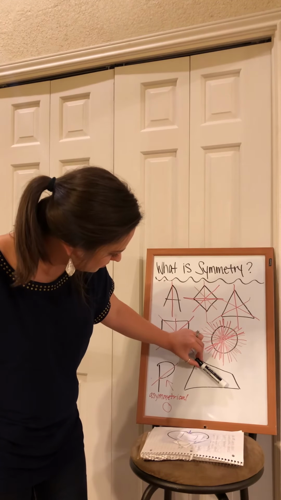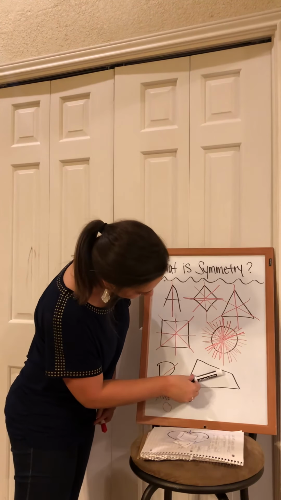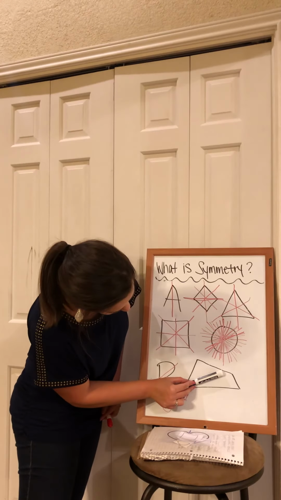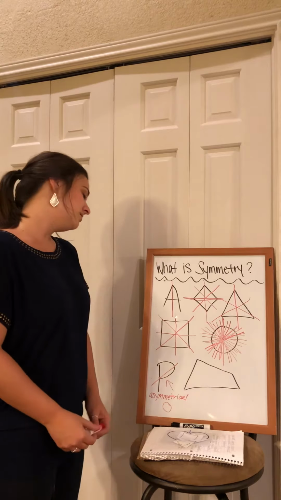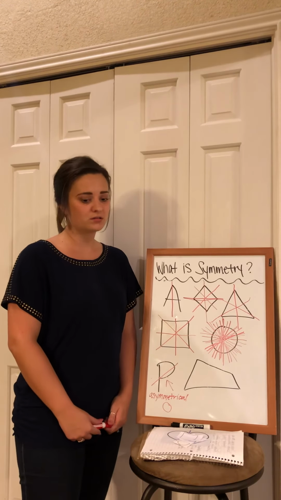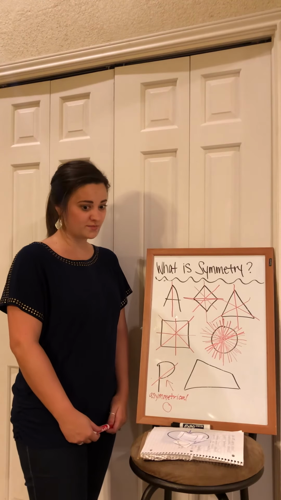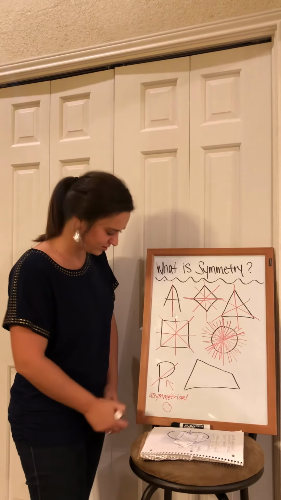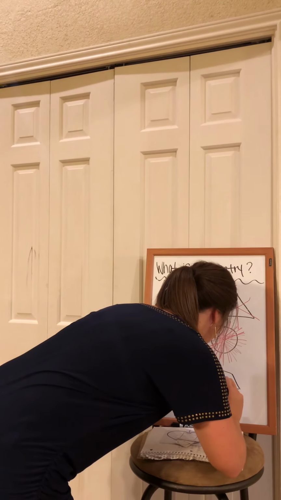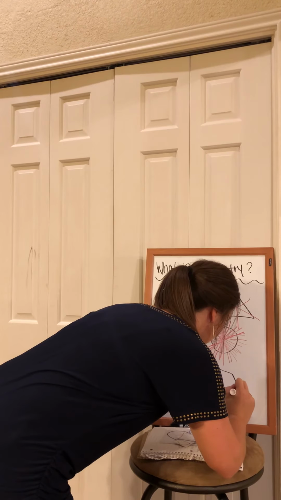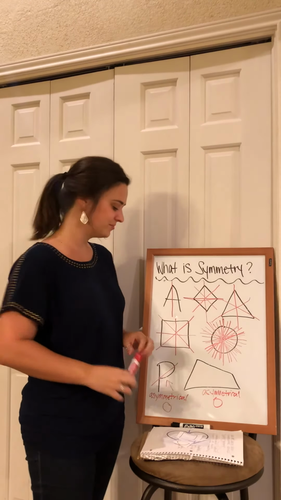Diagonal? No way. The other way diagonal? No. So you guys, if this has 0 lines of symmetry, what do we call it? We call it asymmetrical. You just learned that word. Good job. Asymmetrical. Zero lines of symmetry. Okay?